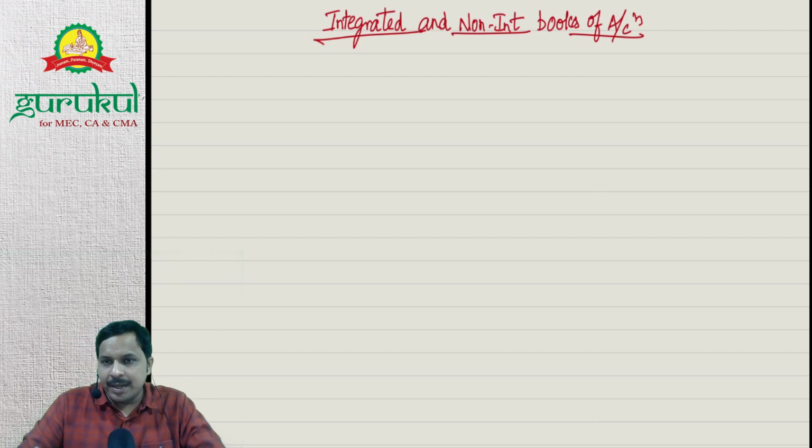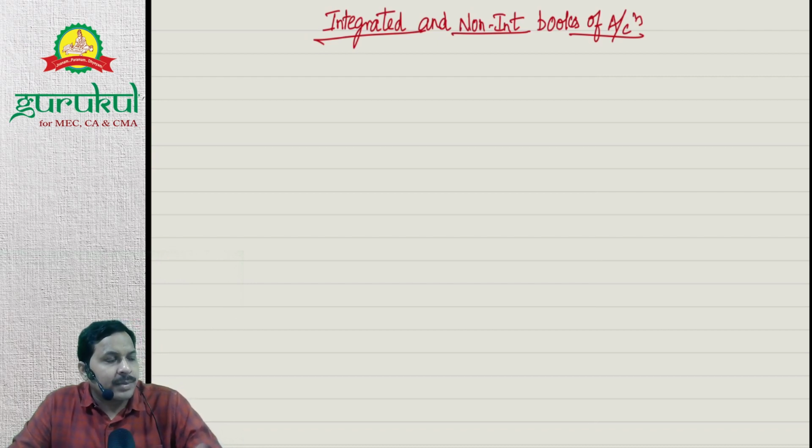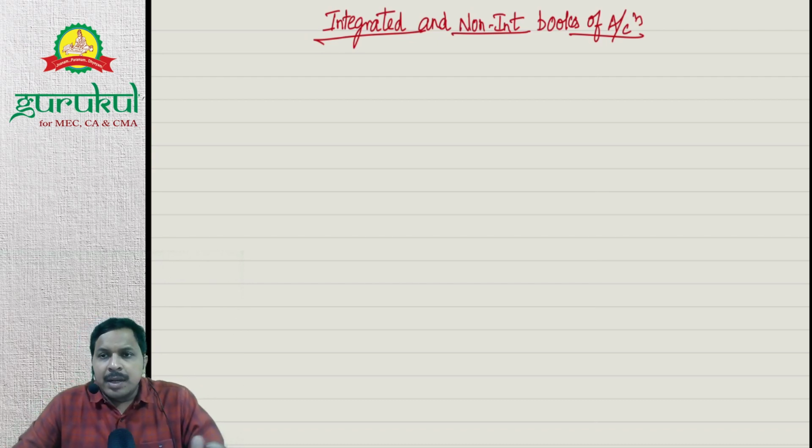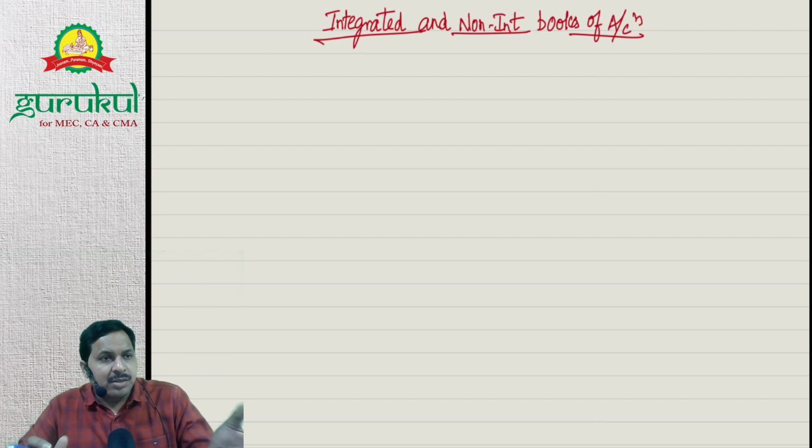What types of books do we have? We can maintain books of accounts as per financial accounts and as per cost accounts. So integration or non-integration is based on combining or not combining both these books of accounts.